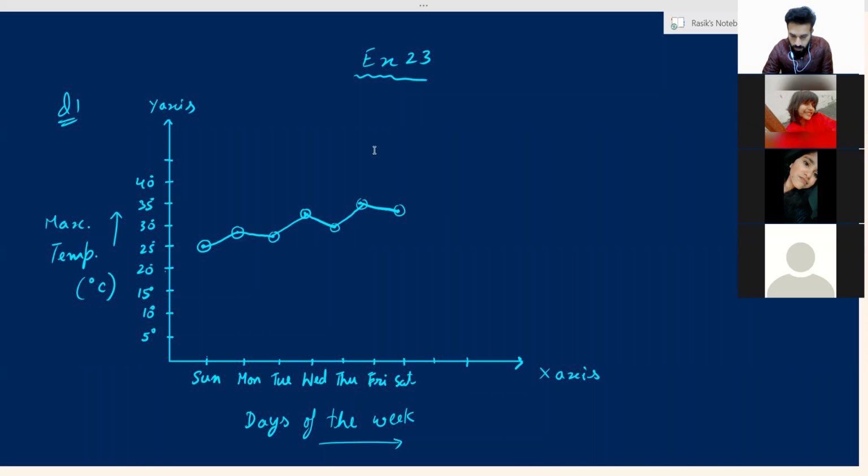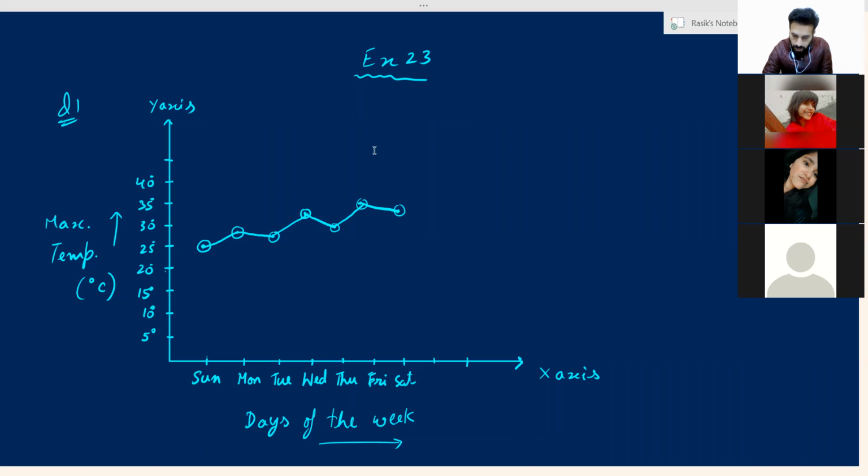So the values are in decimal here. So you could have taken one block equal to 1. Chalo, it's okay if you're taking a gap of 2 also. Years 2013, 14, 15, 16, 17, and then gross profit in lakhs.